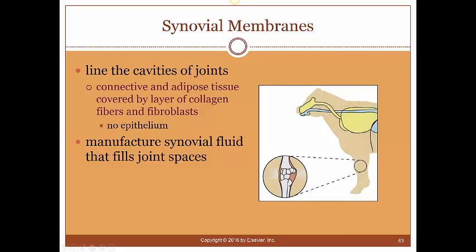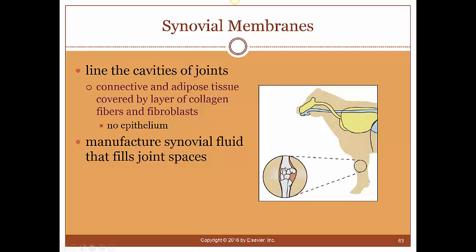Between all of your joints on your long bones and on your appendicular skeleton, we have a certain amount of fluid that keeps the cartilage from touching each other, and helps us suspend the bones apart, and allows the joint to have motion without damaging any of the bones or the cartilage. And so these synovial membranes actually hold that fluid in.